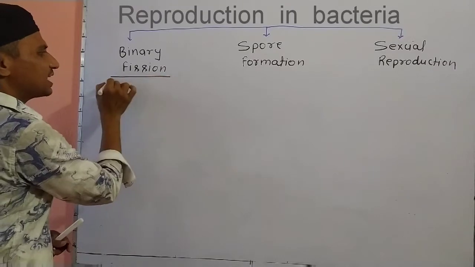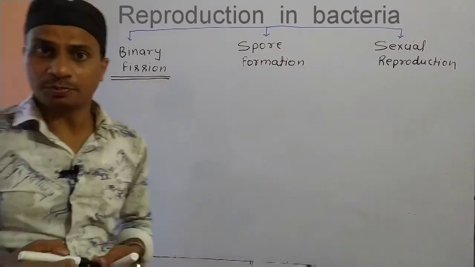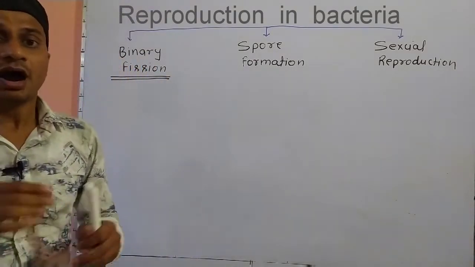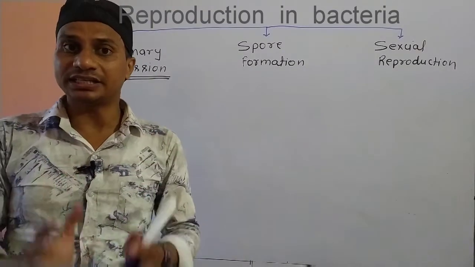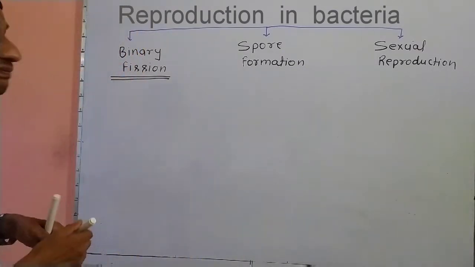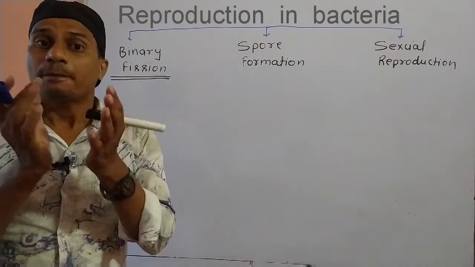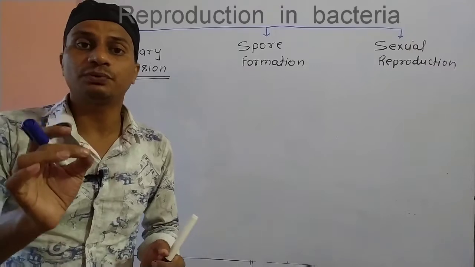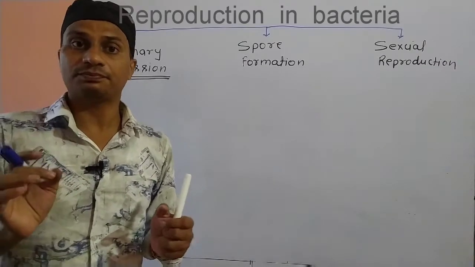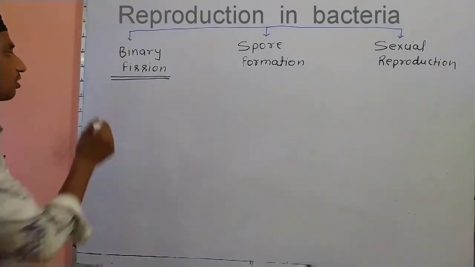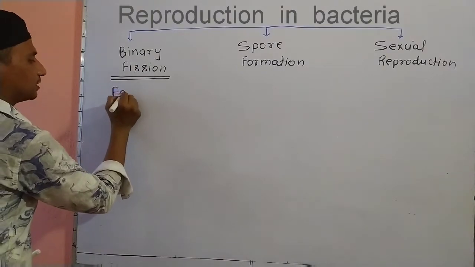Binary fission is a method of reproduction which occurs when favorable condition is present. What do you mean by favorable condition? When sufficient amount of food and water is available for bacteria, then it is called favorable condition.